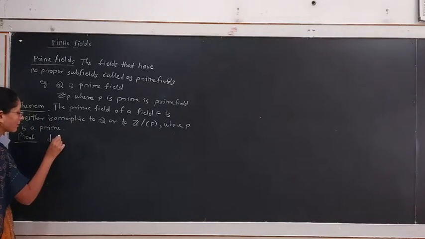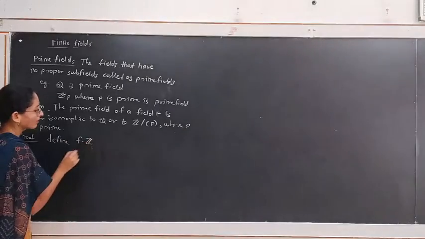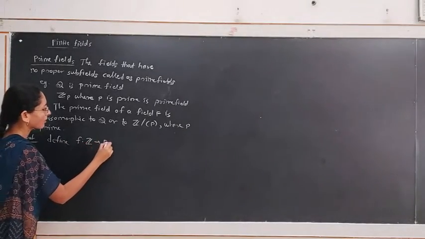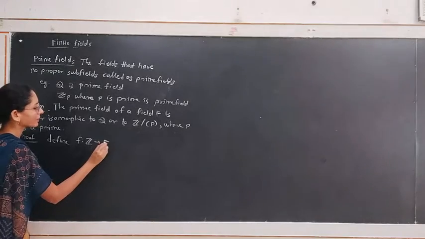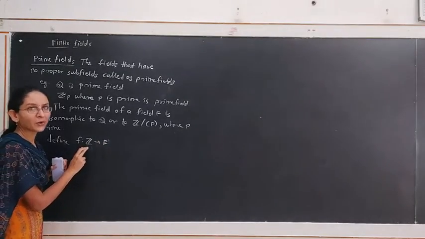Define a mapping f from Z to F, where F is the given field and Z is the ring of integers.